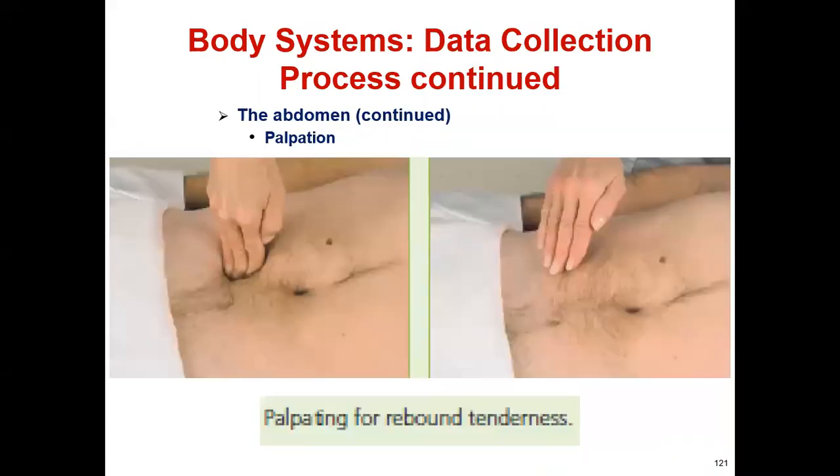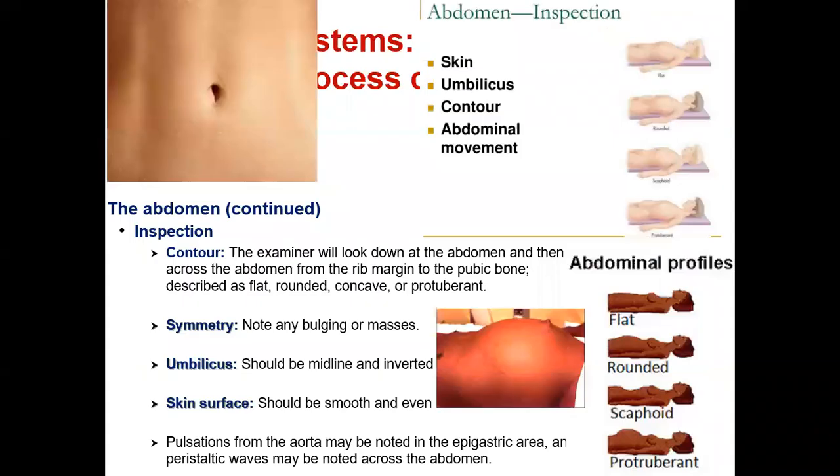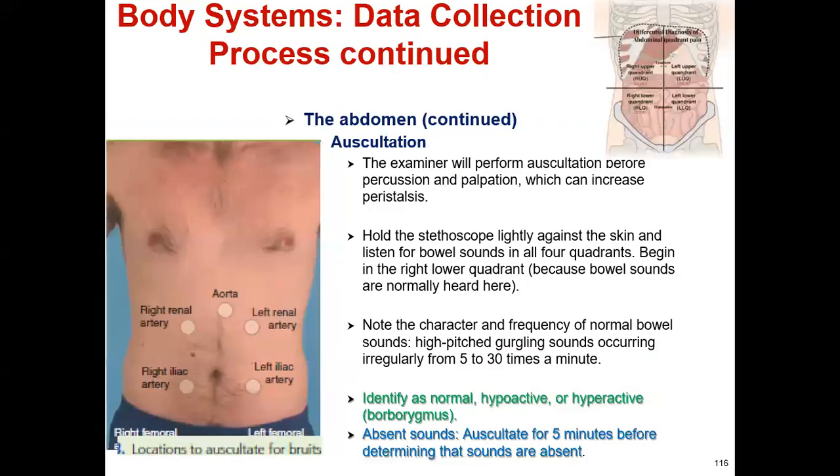Before we go to palpating for rebound tenderness, I want to tell you, when we do the auscultation, we try to find out the bowel sounds. If the bowel sound is decreased or absent, it often indicates constipation.